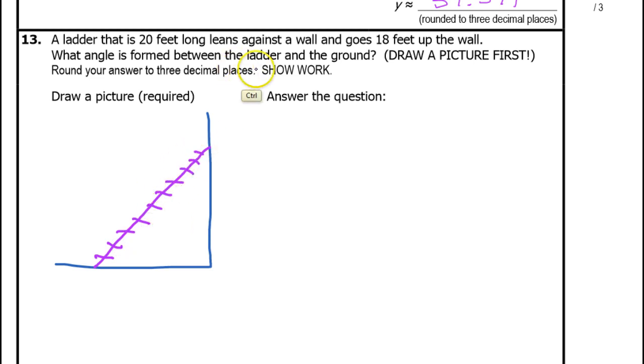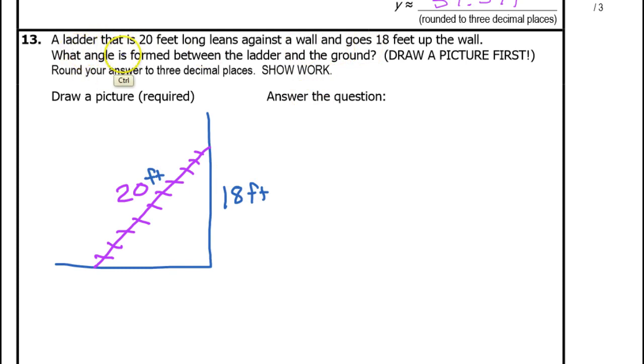All right, that's my ladder. So the ladder is 20 feet long. So the 20 goes here. It leans against a wall and goes 18 feet up that wall. So this is 18 feet. All right, this is 20 feet.